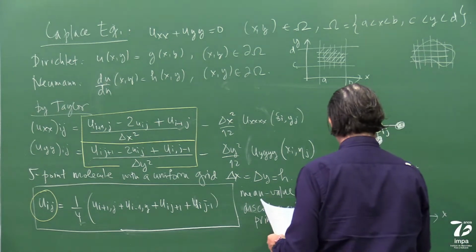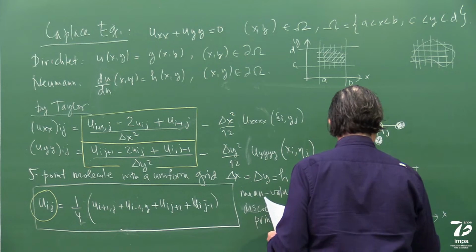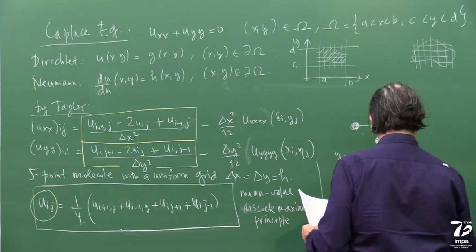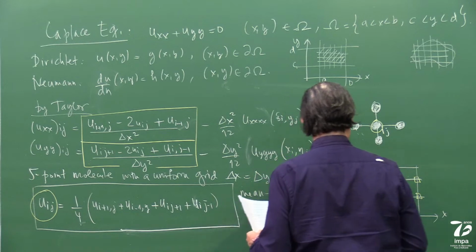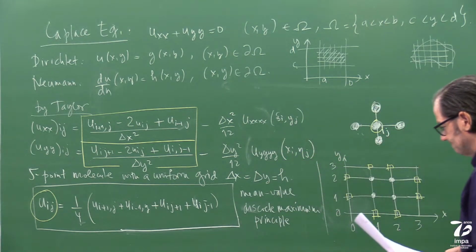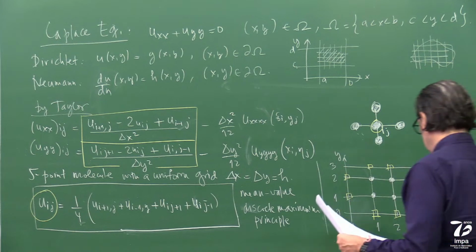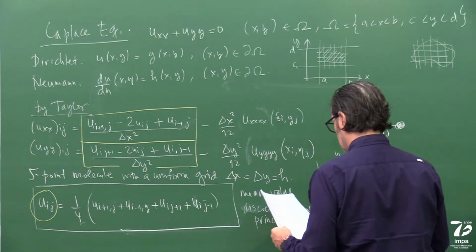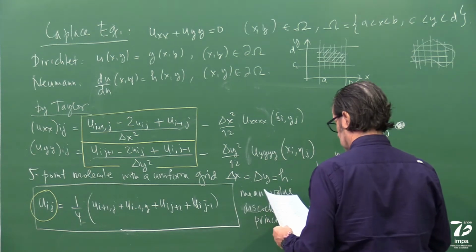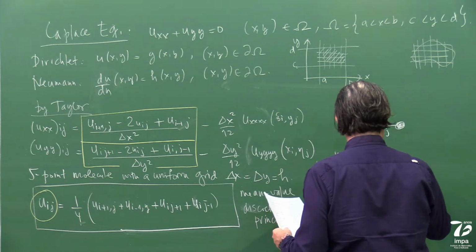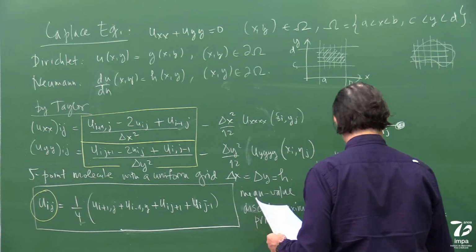And let's see, the numbers I used were 0, 1, 2, 3, 0, 1, 2, 3. And then I also call these 1, 2, 3, 4.